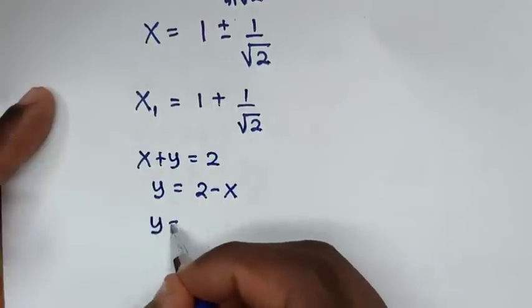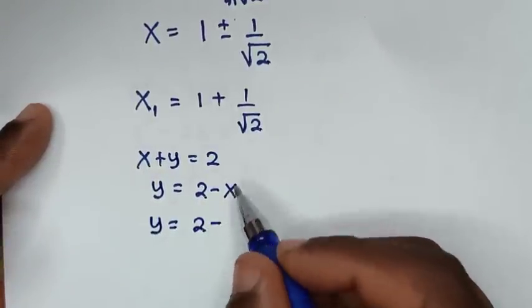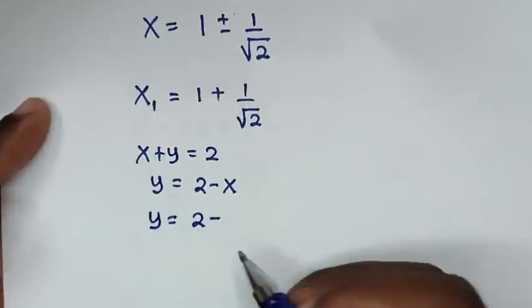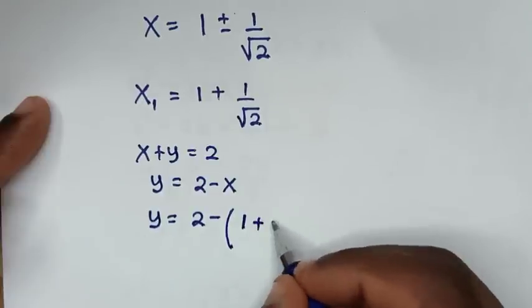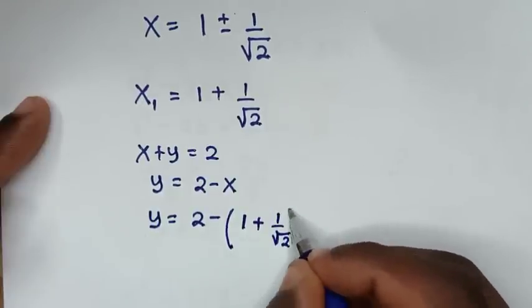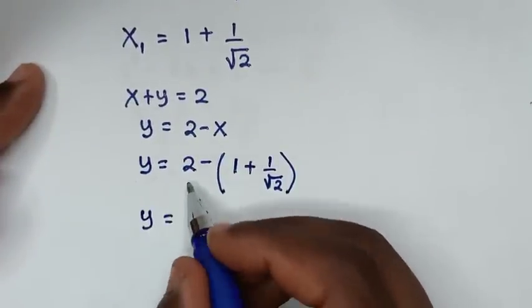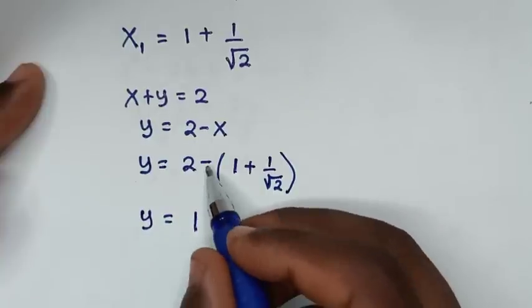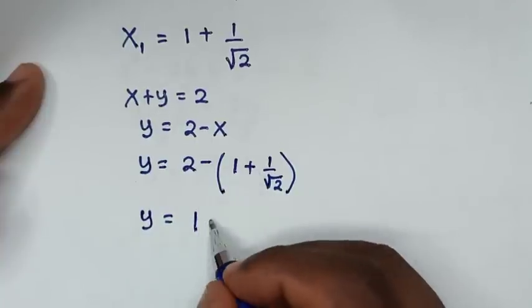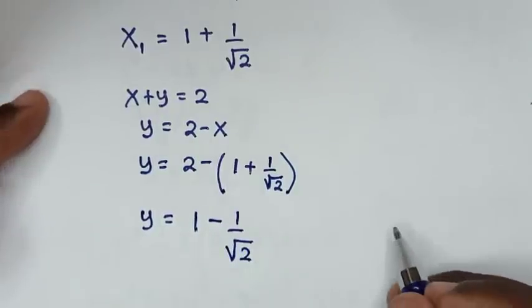For this x1, it will be y is equal to 2 minus the bracket 1 plus 1 over square root of 2, then y is equal to 2 minus 1, which is 1. With this negative and this positive, it will be negative 1 over square root of 2.